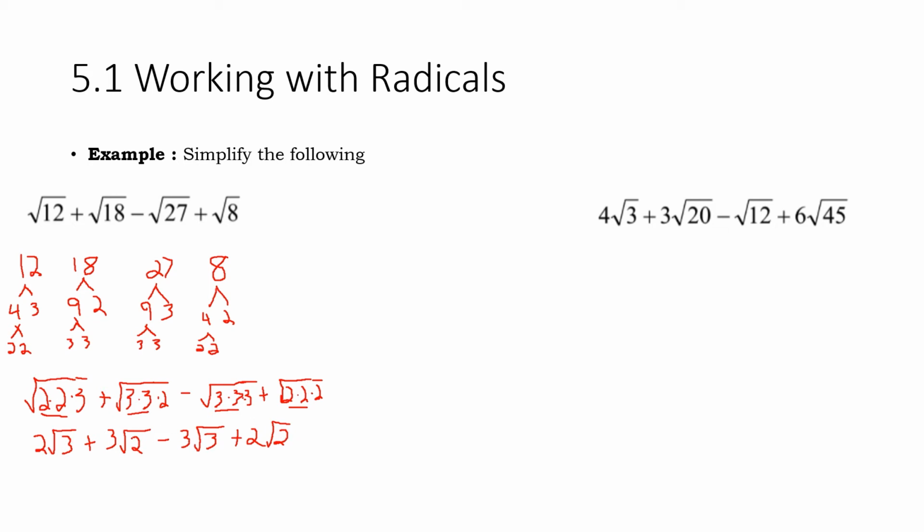So let's combine the root 3's. 2 root 3's, take away 3 root 3's, and we're left with negative root 3, so minus 1 root 3. And then if I had 3 root 2's and 2 root 2's, I would have 5 root 2's. And that's as far as we can go with those, without actually trying to throw it into a calculator.